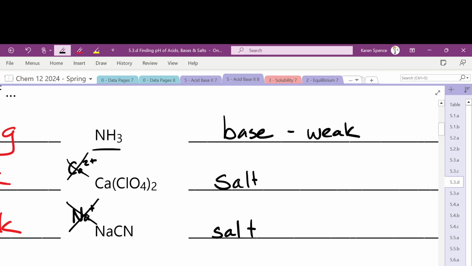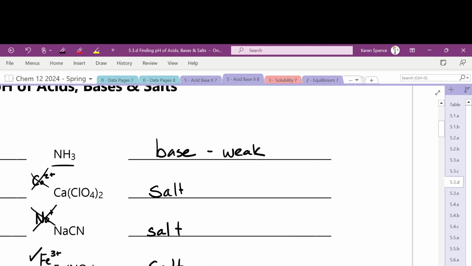Does Fe, and what's the charge of Fe here? 3+, because we've got 3 nitrates. Does Fe3+ hydrolyze? Yes. How do you know that? It's one of the 3 metals that hydrolyze, the Fe, Al, Cr.